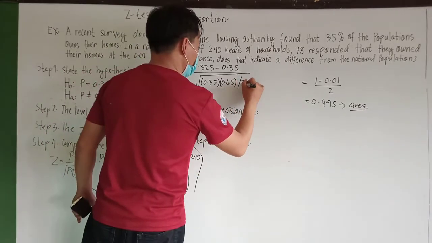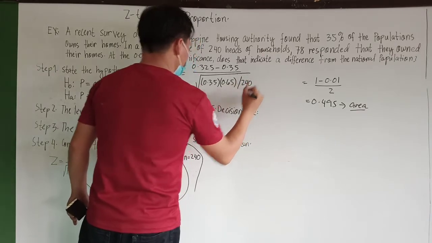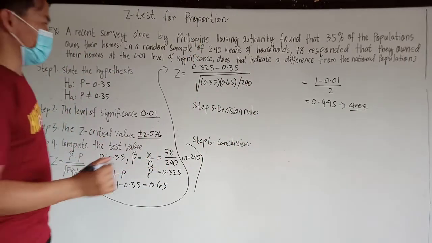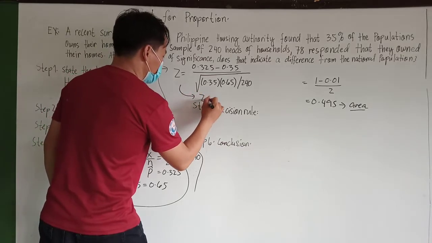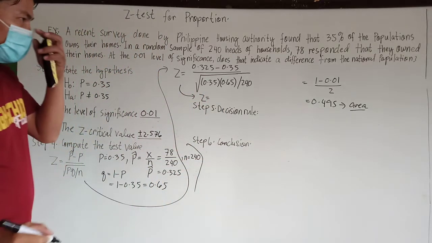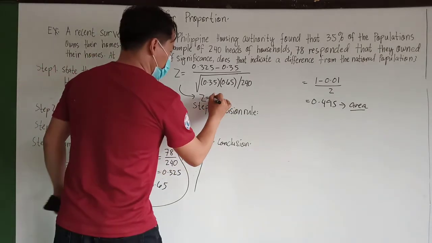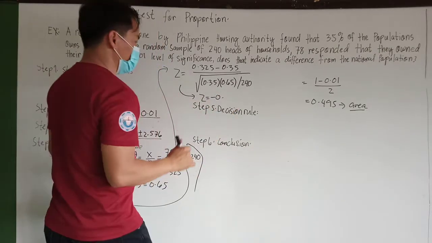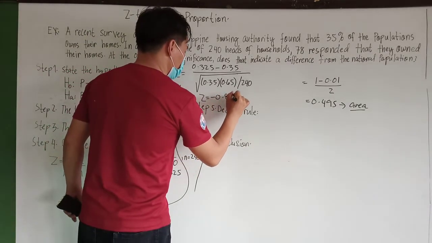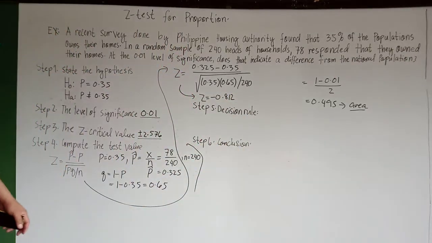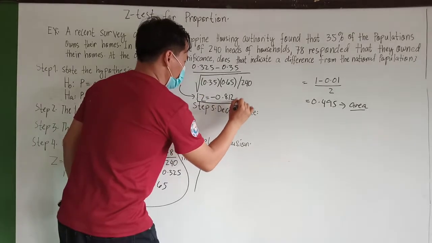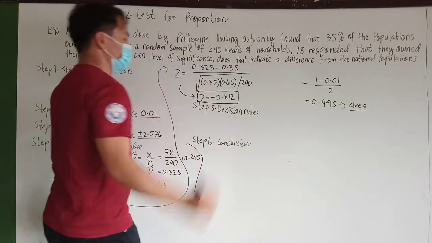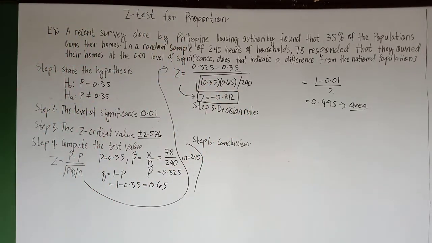If we use our calculator, we found out that our z has the value of negative 0.812.